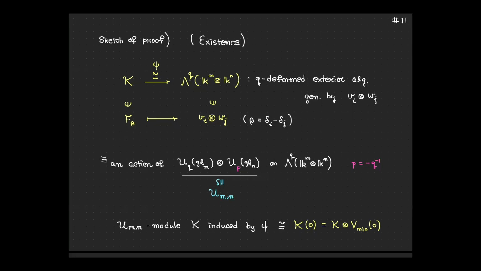And of course, this is isomorphic to the Levi subalgebra of U_q(gl(m|n)). We can also check this isomorphism.